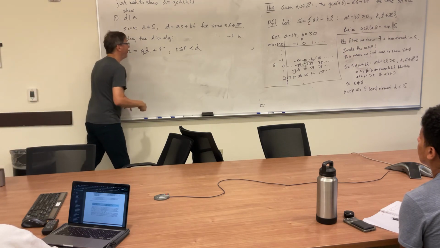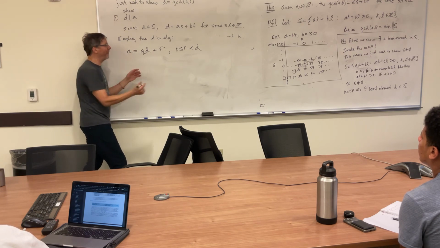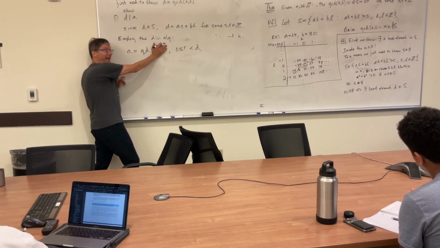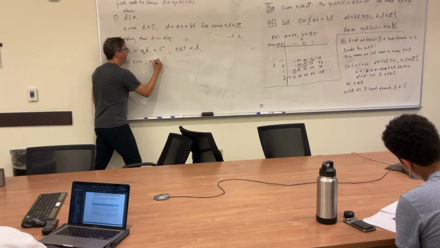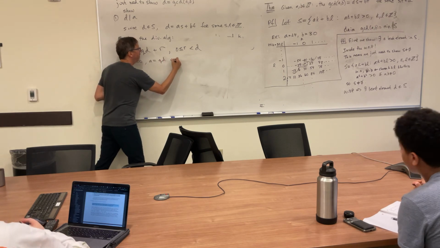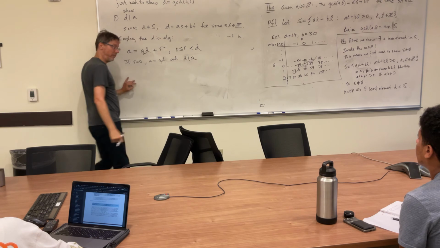If R equals 0, huzzah, I'm done, right? If R equals 0, then D divides A, and I'm good. So if R equals 0, A is equal to QD, and that's literally the definition of D divides A.